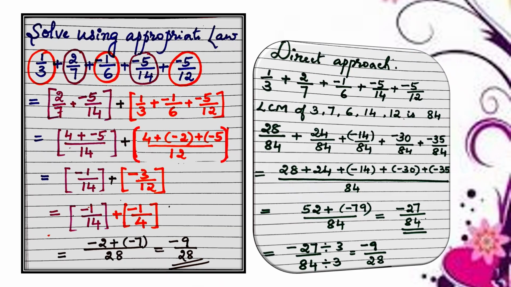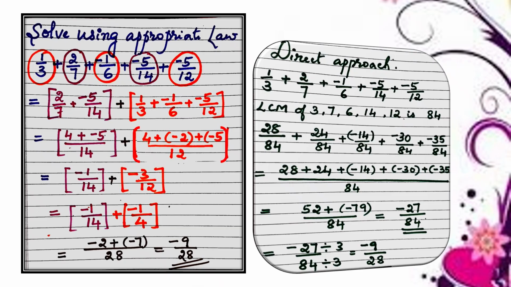So now separately add it and we obtain the answer minus 1 by 14. Observe, 14 and 4 now become the new denominators. Minus 1 by 14 is the result of adding 2 by 7 and minus 5 by 14, and the other 3 numbers, whichever we added, gave us minus 1 by 4.